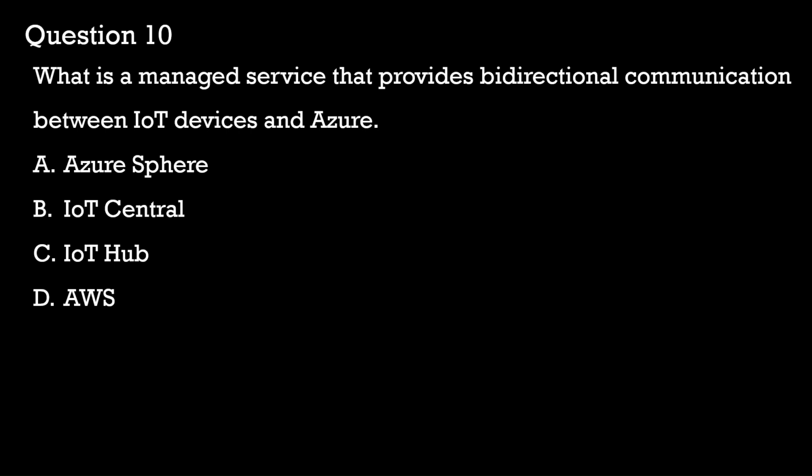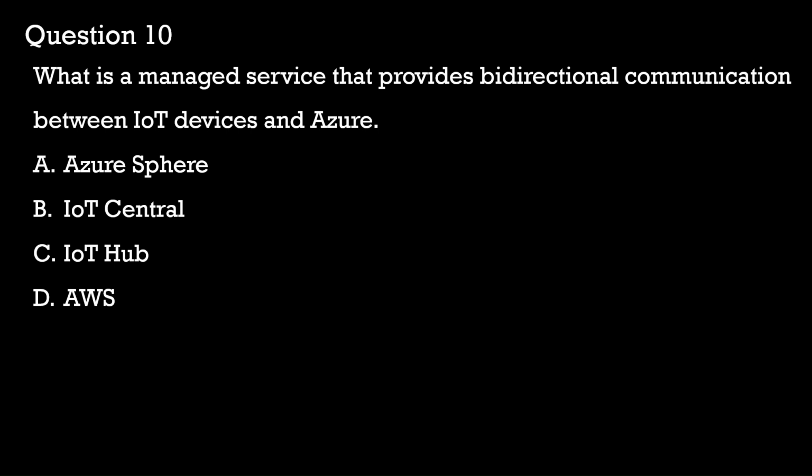The Azure IoT Hub is a managed service that enables bidirectional communications between IoT devices and Azure. So, what it basically does is that it supports secure device connections and identity management, as well as monitoring and device management at scale.